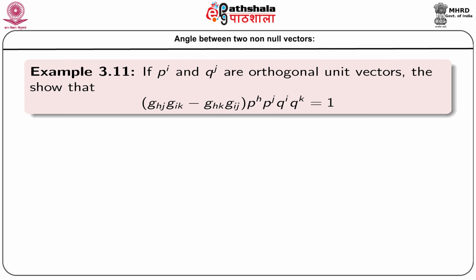Now, let us see another example when the components of two contravariant vectors are orthogonal unit vectors. So, if P^i and Q^j are orthogonal unit vectors, then the expression (g_{hj} g_{ik} minus g_{hk} g_{ij}) with the product of P^h, P^j, Q^i, Q^k is equal to 1.